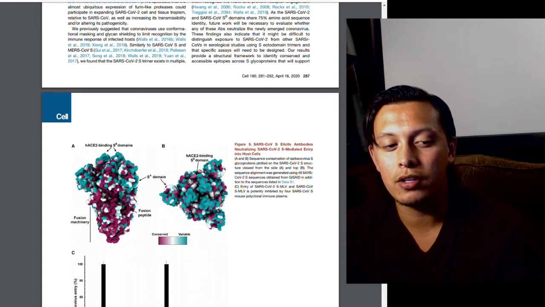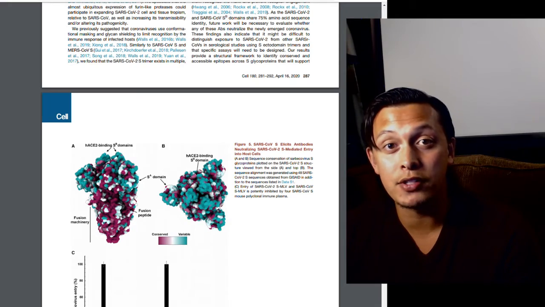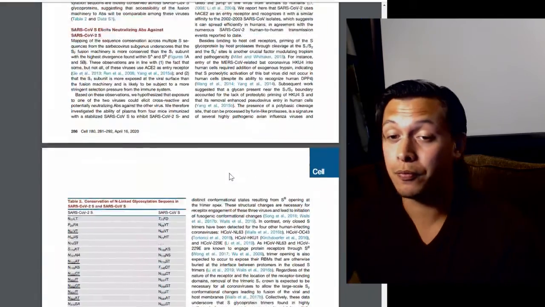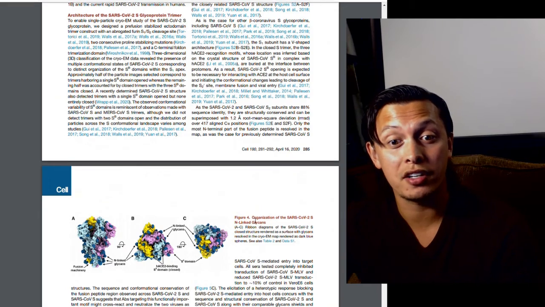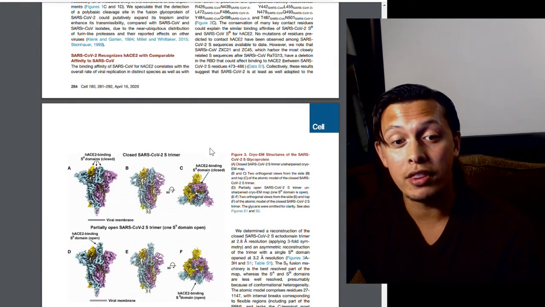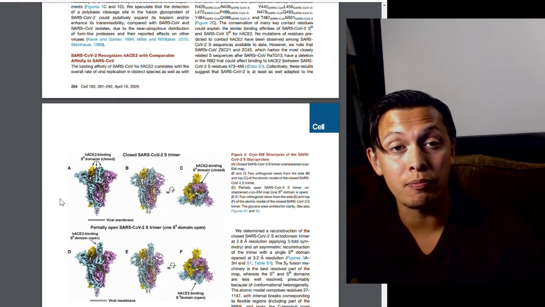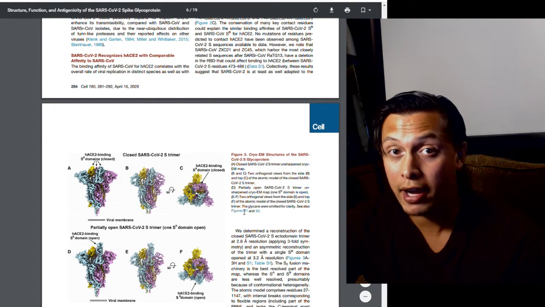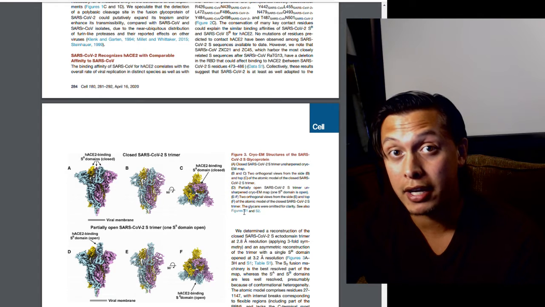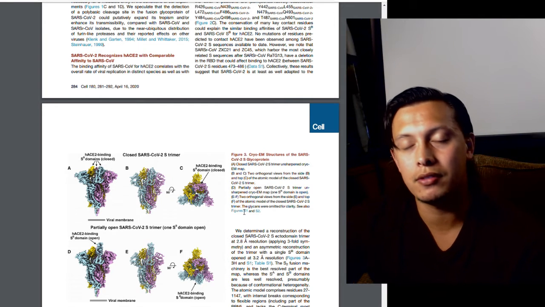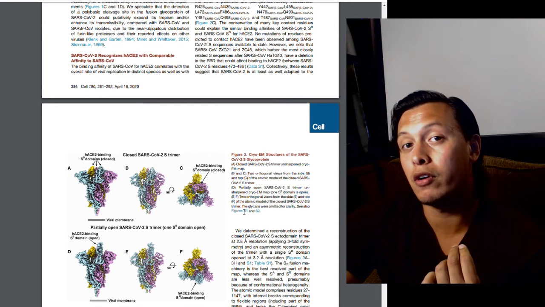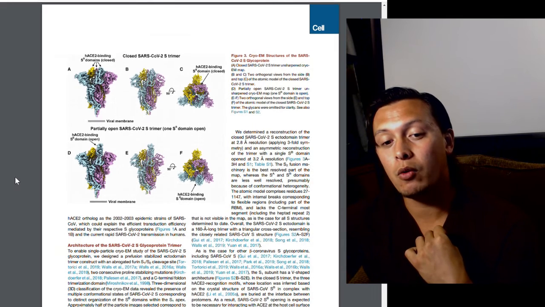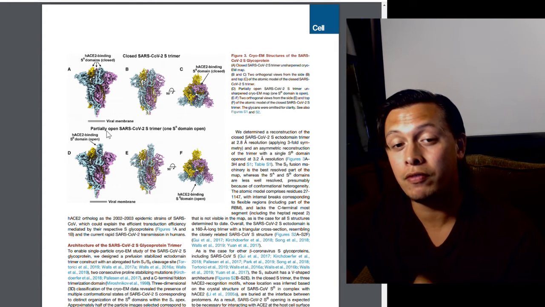And one of the ways that viruses are able to do this: we were talking about a lot of proteolytic cleavage that is going on within these viruses to help process them. But a lot of the proteins that are cleaved can have different effects on the human body, and this is one reason why we want to work for a vaccine rather than getting infected with the virus themselves.